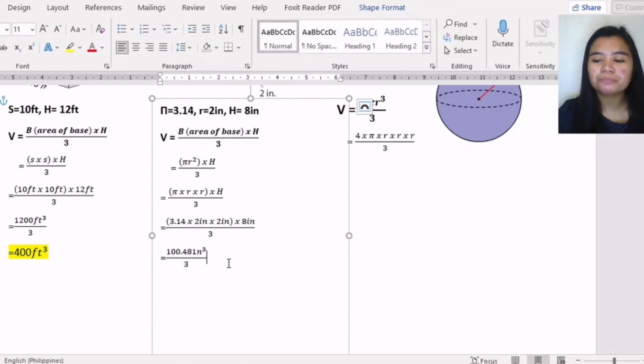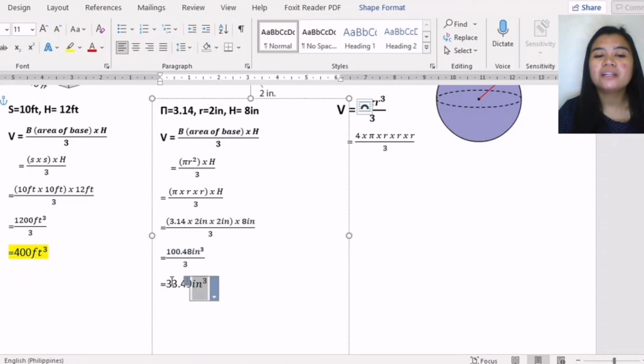Ayan. So now, copy equal, and then let's divide. So 100.48 divided by 3, that is 33.49. So hanggang 2 decimal place value lang tayo. So the answer is 33.49 cubic inches.